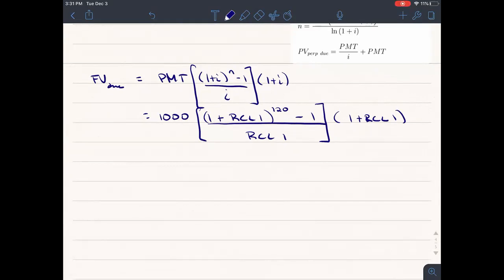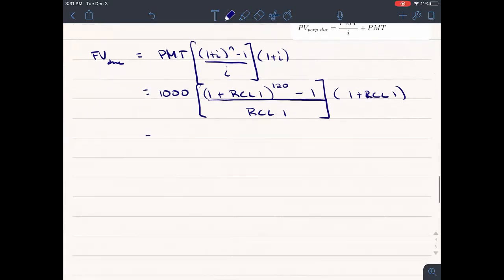So moving from our big brackets to our little brackets, we've got 1 plus i1 to the power of 120 minus 1. And then we kind of bloom out. Just so you can have a little check-in point here, and you don't have to, you can go straight to the answer.